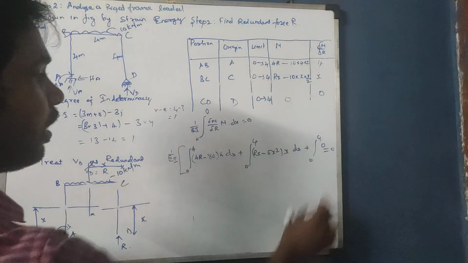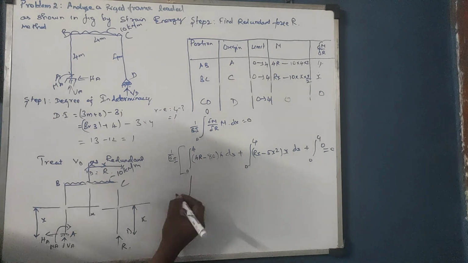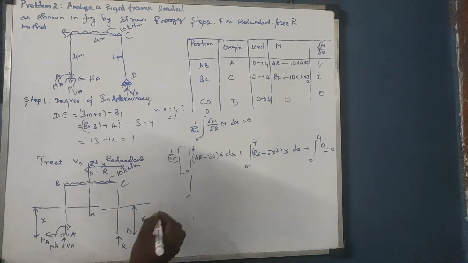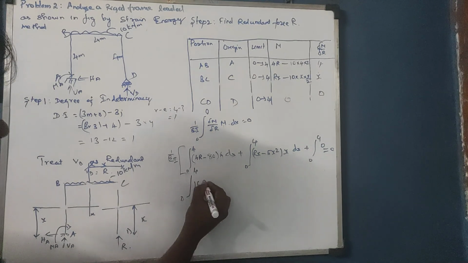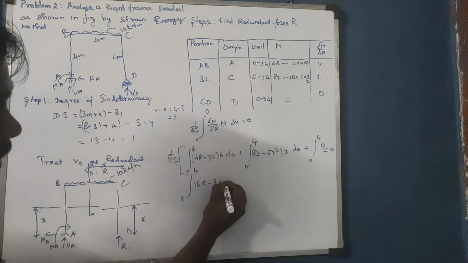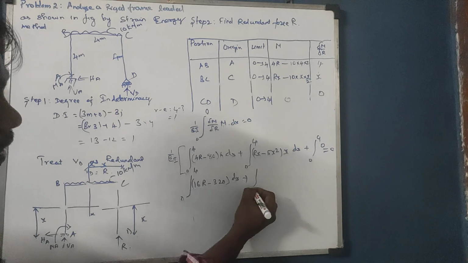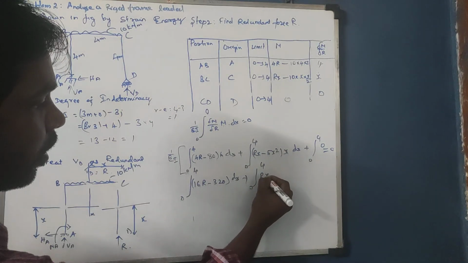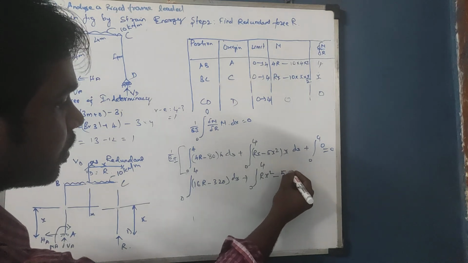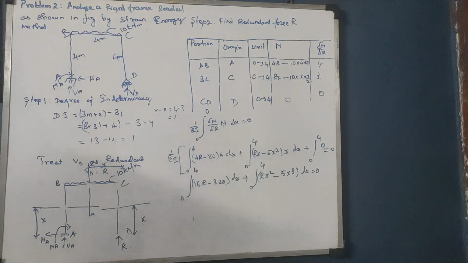Therefore, integration of 0 to 4, 4R into 4, it is 16R minus 320, dx, plus integration of 0 to 4, Rx square minus 5x cube, dx equal to 0.